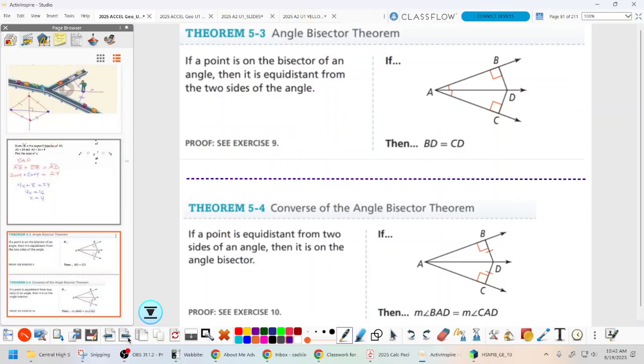Okay, angle bisector. So now we're splitting an angle in half. If a point is on the bisector of an angle, then it's equidistant from the two sides. So if this AD is bisecting angle A, and it shows that it is, then point D is equidistant from the two sides of the angle.